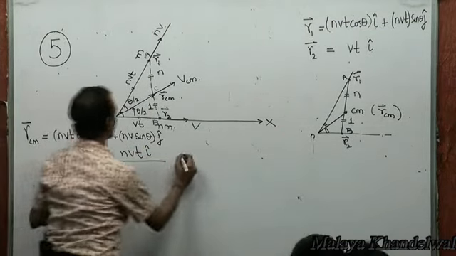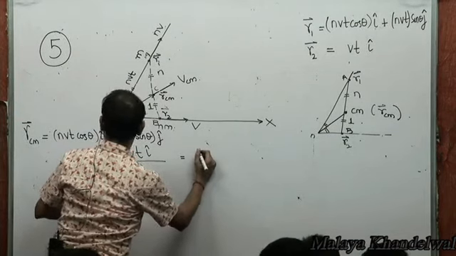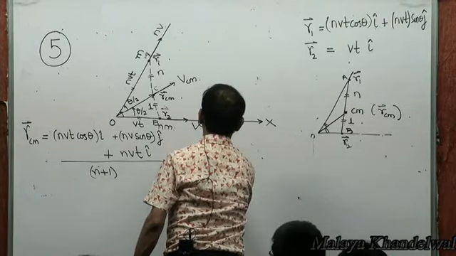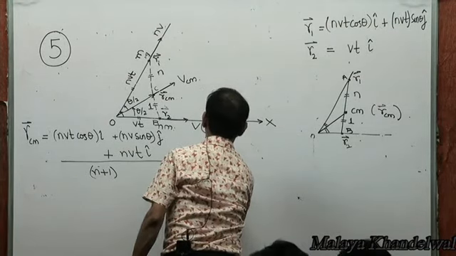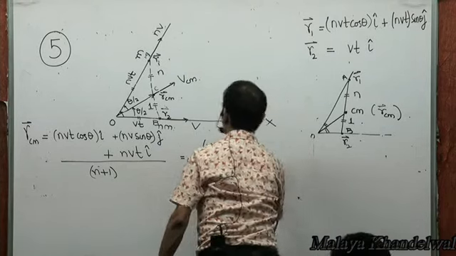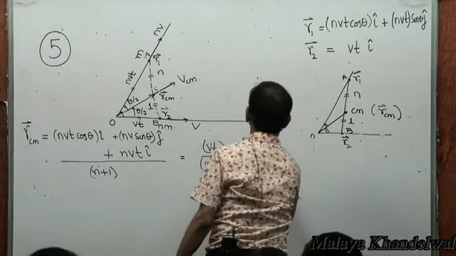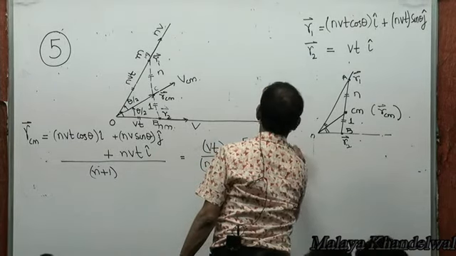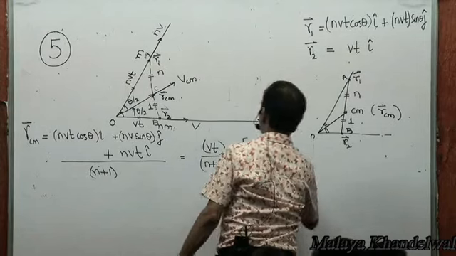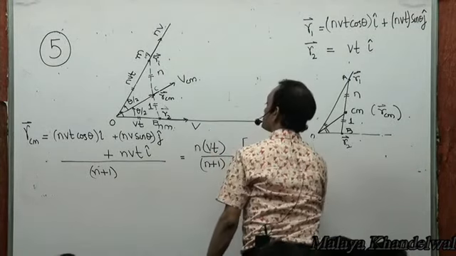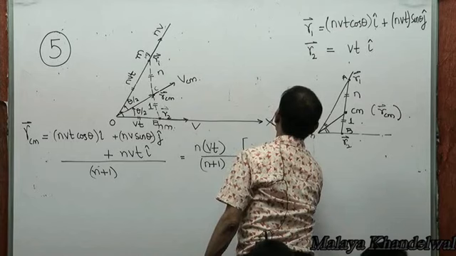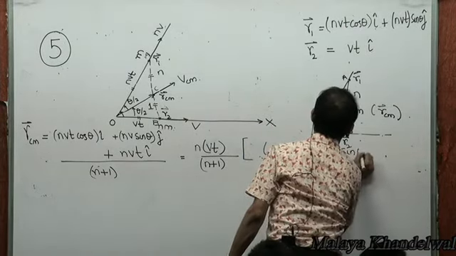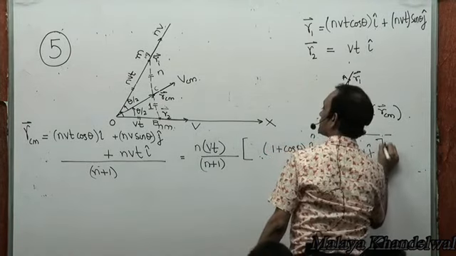Which then reduces to Vt, if I took common by n plus 1, n cos theta... nVt I can take common actually, so that will be 1 plus cos theta i cap plus sin theta j cap, just collecting terms.